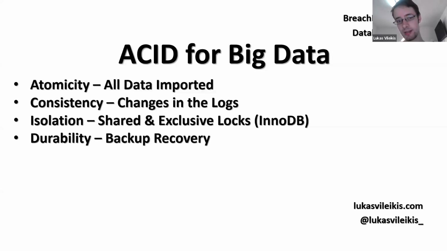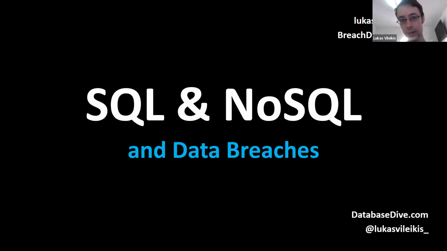Isolation means that you will be able to use shared and exclusive locks within the storage engine that you use. Most likely you're going to be using InnoDB. I'll explain why in a moment. And durability means that your backups will be able to be recovered.